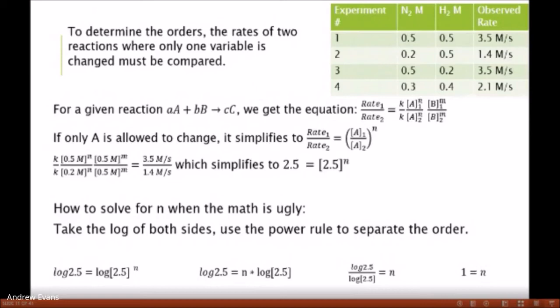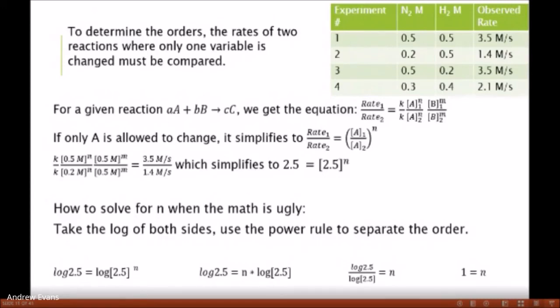Well, if we plug our numbers in and only A is changed and the rate has changed, K is a constant. K's cancel out. If B is a constant between B1 and B2, it doesn't matter what M is, 0.5 over 0.5 is still 1.